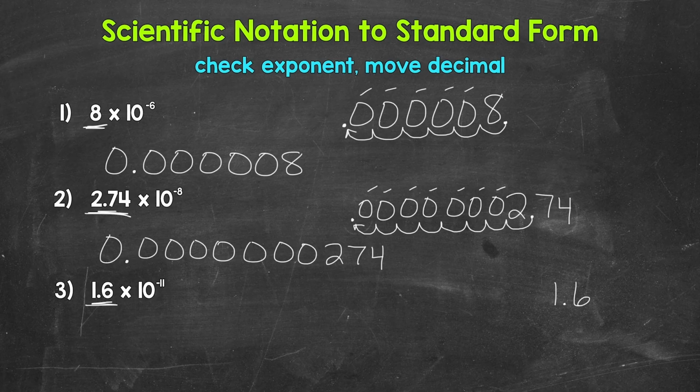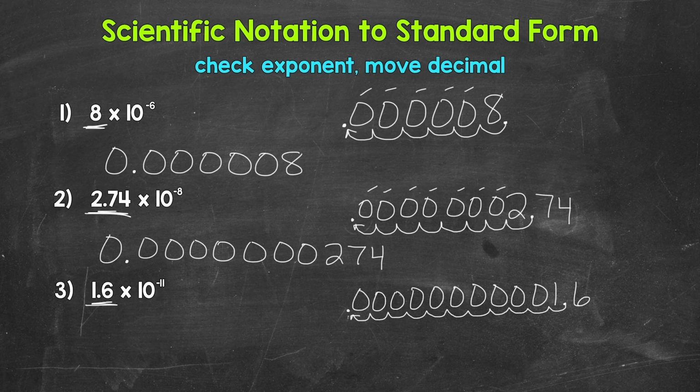And we're moving it to the left 11 places. So 1, 2, 3, 4, 5, 6, 7, 8, 9, 10, 11. And now we need some zeros. So let's fill those gaps, those places, and that will give us our standard form here.